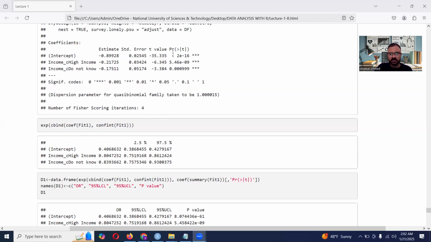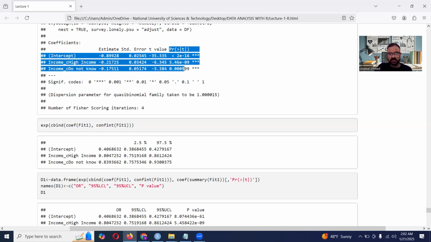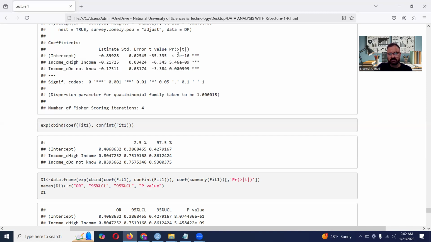Basically, we just get the p-values corresponding to each coefficient in this column, and we can extract this column using summary fit one. From this we are selecting this column, the probability of t greater than absolute t, where t is the calculated value of the t statistic. So we get the p value.